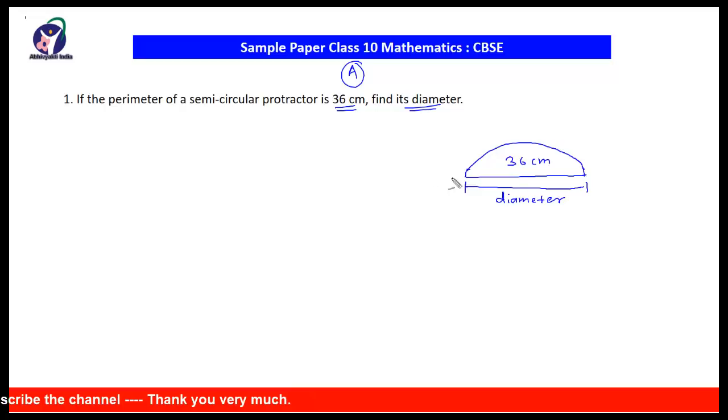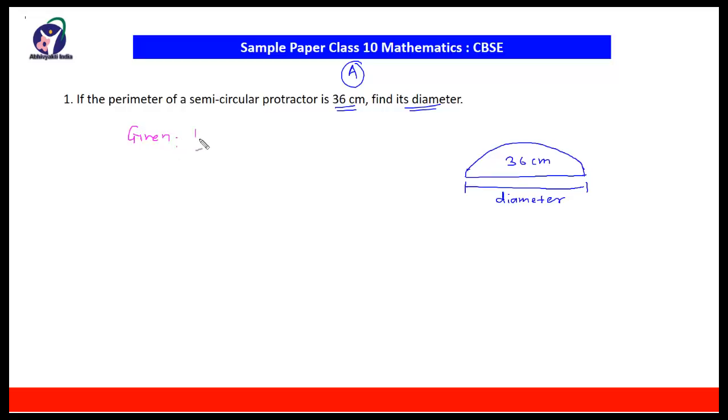What is perimeter? Perimeter is the total boundary around the shape. So the total boundary will be this circumference plus this diameter. Together they give you the perimeter of the protractor. So first we will write the given things.